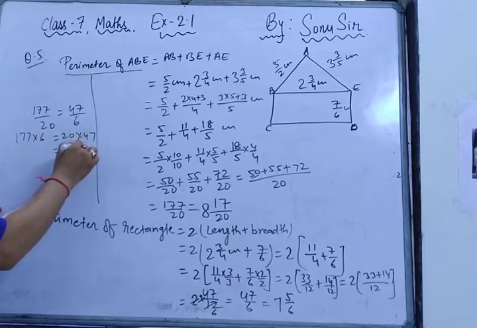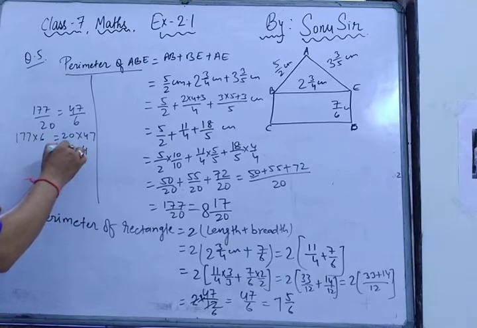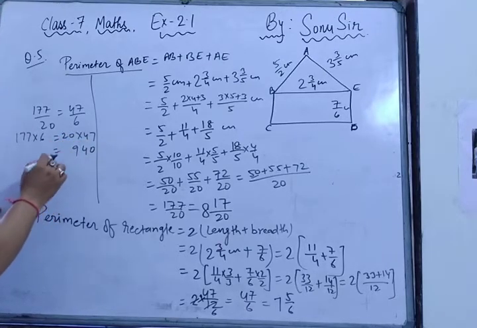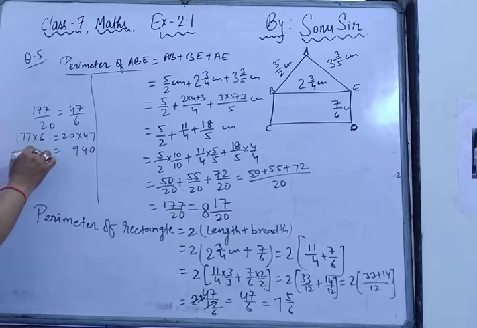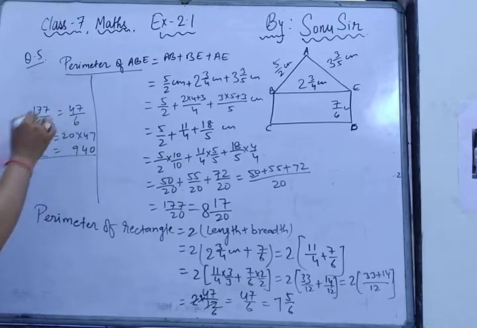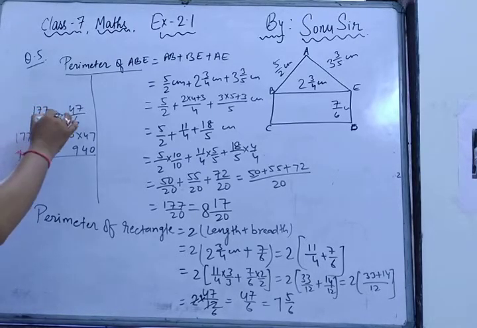So 7 twos are 14 and 4 twos are 8, 1, 9, that is 940. Here 6 sevens are 42, 6 sevens are 42 plus 4, 46, that is 1062. So we can say that 177 upon 20 is greater. Yes, here you can just write that this one is greater.